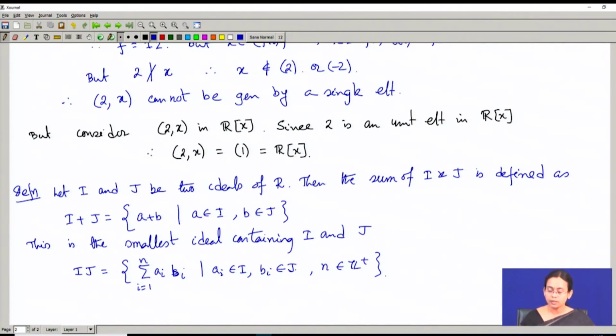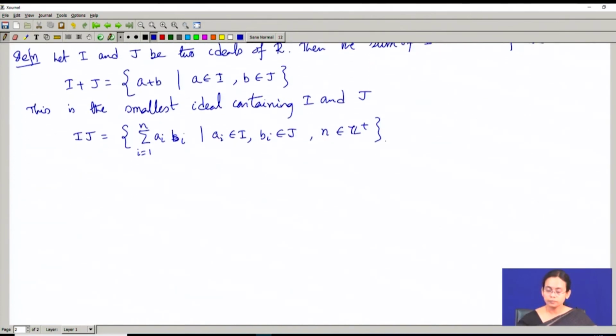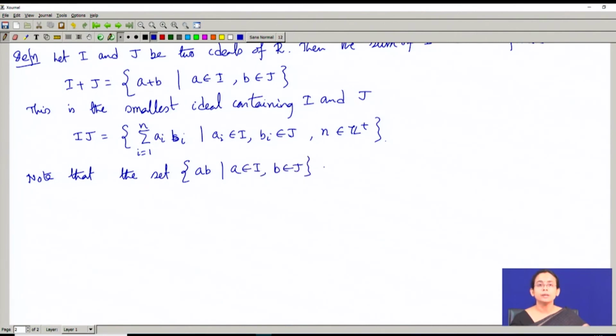So, here you can note that if I just consider the set of elements ab where a is in I and b is in J, then this is not forming an ideal because it is not closed under addition, that means it is not forming a subgroup. Therefore, we need to define the product of two ideals in the above mentioned way.